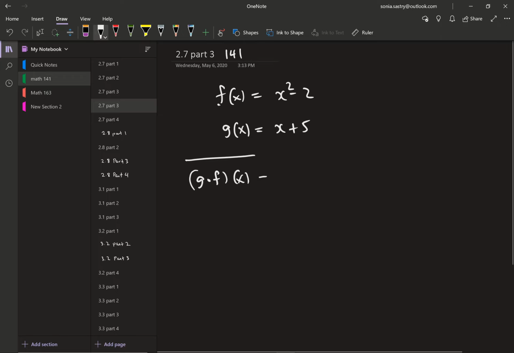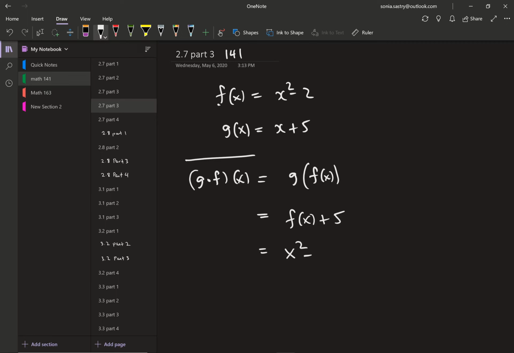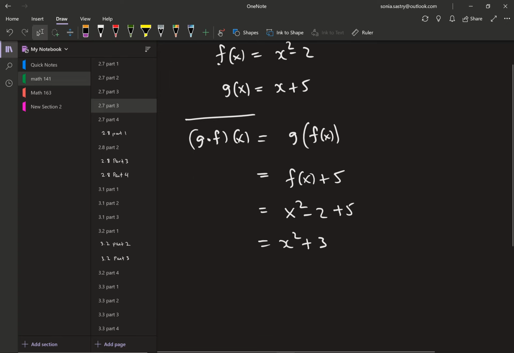So how do we do this? Well, this is g of f of x, which is f of x plus 5. And so we have x squared minus 2 plus 5, which is x squared plus 3. So that's g composed with f.